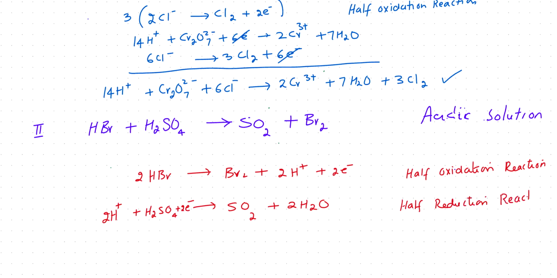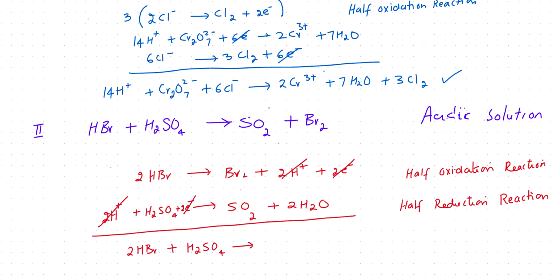Now we add the two equations, oxidation and reduction, so finally we get the redox reaction. So 2 electrons on the left side and 2 electrons on the right side cancel. 2H plus on the left side and 2H plus on the right side cancel. So we now have 2HBr plus H2SO4, and on the product side we have Br2 plus SO2 plus 2H2O.